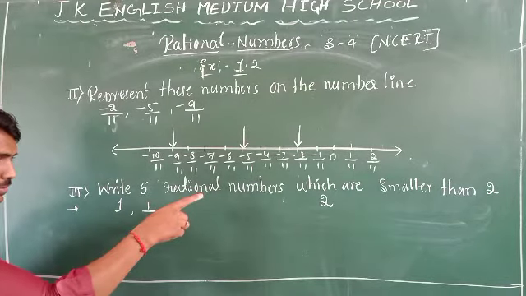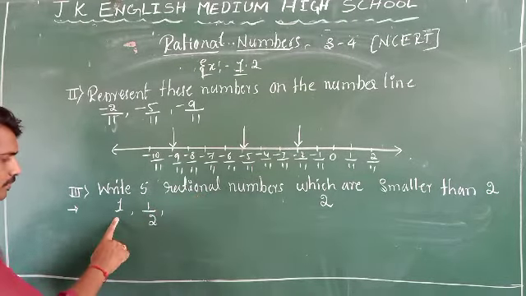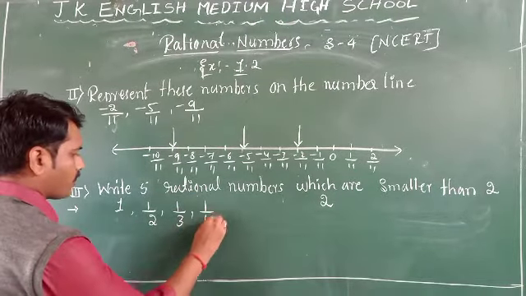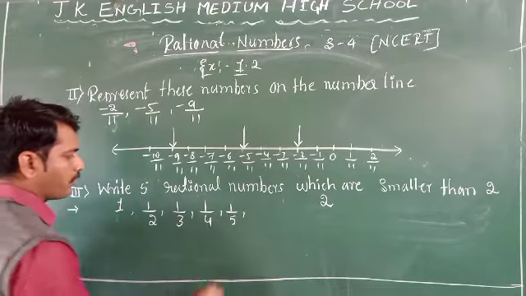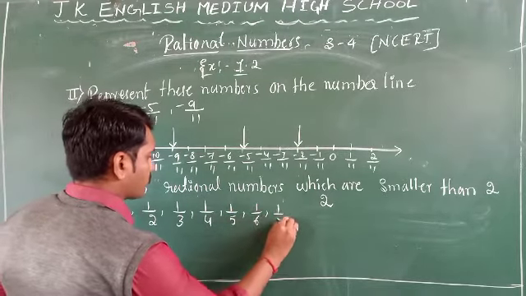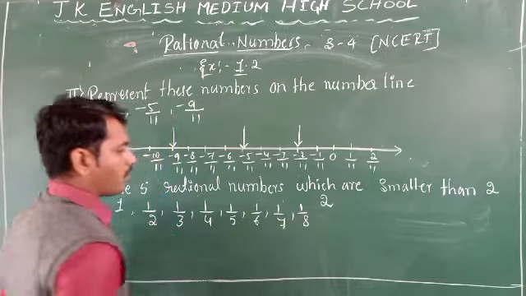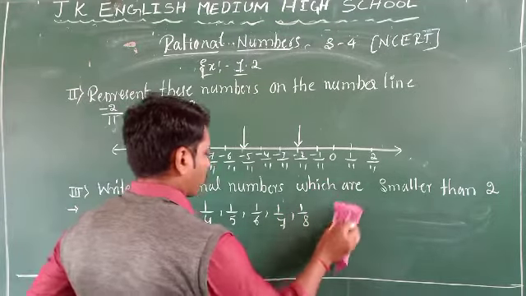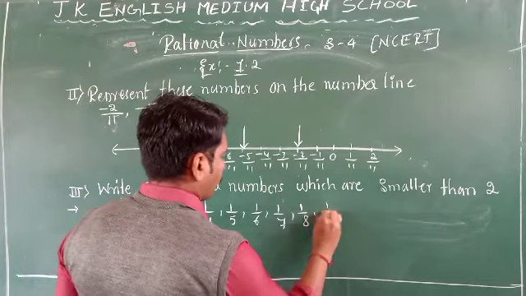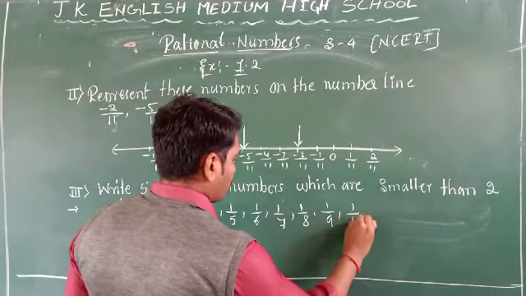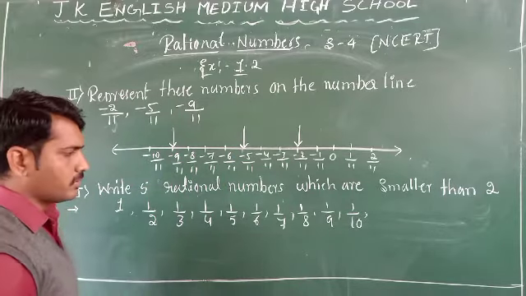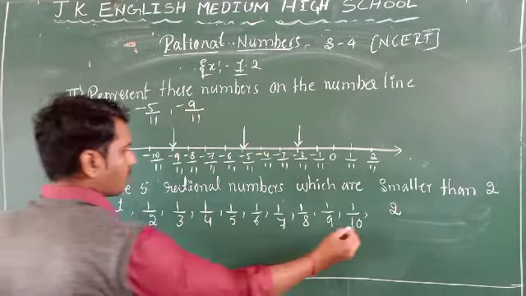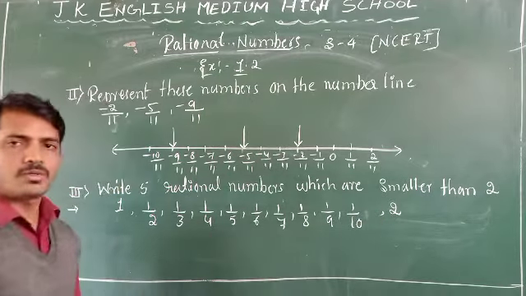Less than 2. 1 upon 3, 1 upon 4, 1 upon 5, 1 upon 6, 1 upon 7, 1 upon 8, next 1 upon 9, 1 upon 10. So these are the rational numbers which are less than 2.